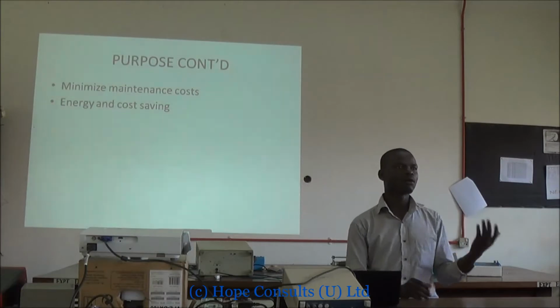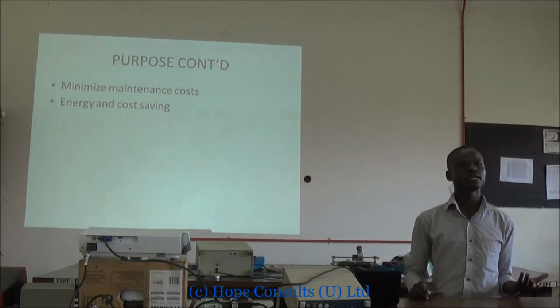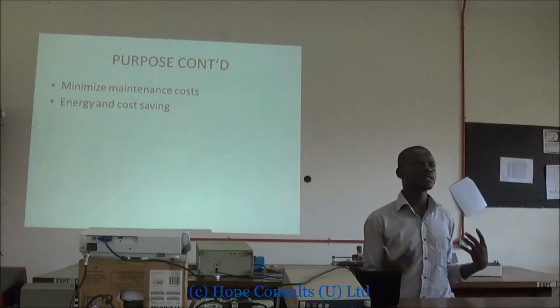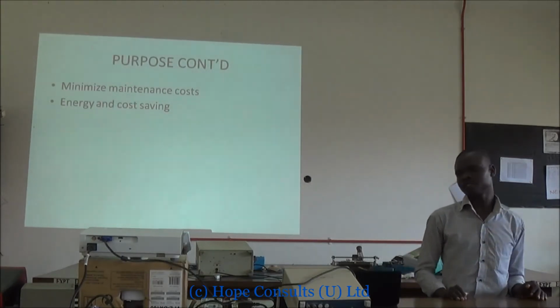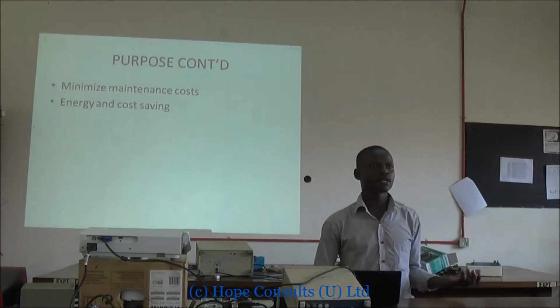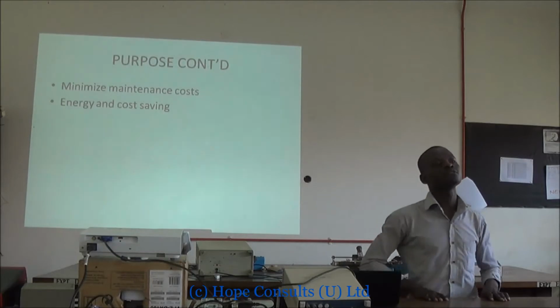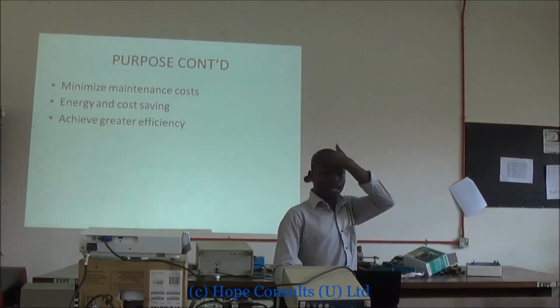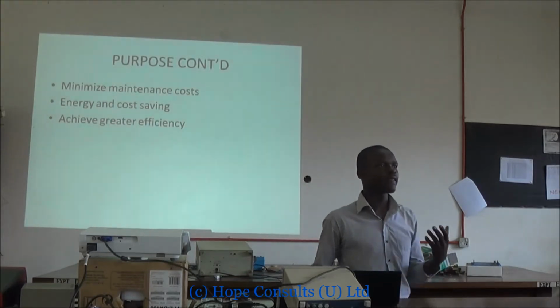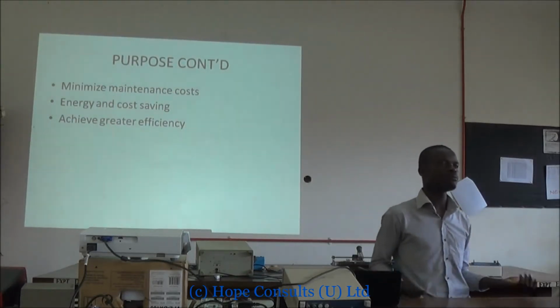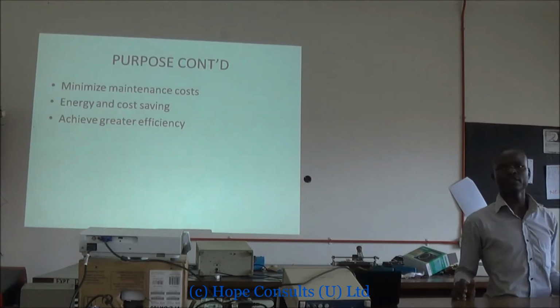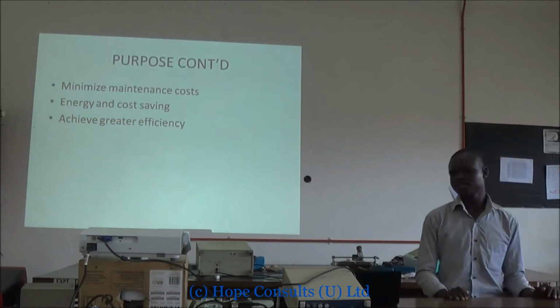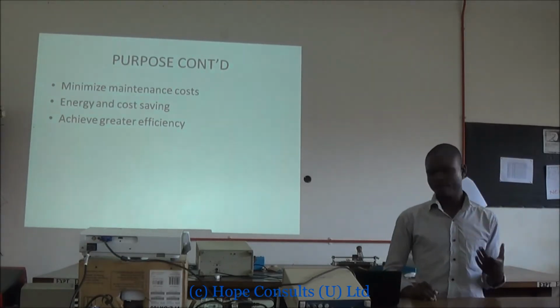That's maybe only at night when there's little light provided by our environment, and that is the sun or the surrounding. So that is energy and cost saving. Of course, even the power will not be used. That is in terms of energy. And the other is to achieve greater efficiency. These are the results of the performance of the workers. If everything is well provided, you realize that people will perform to their maximum.